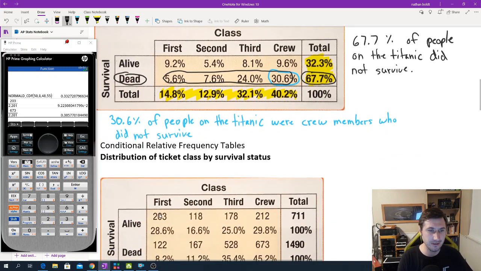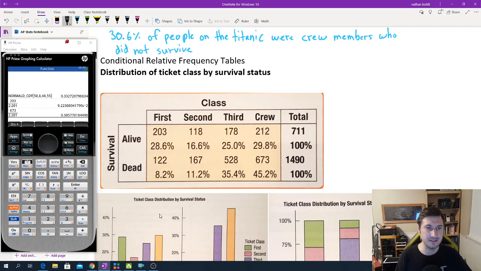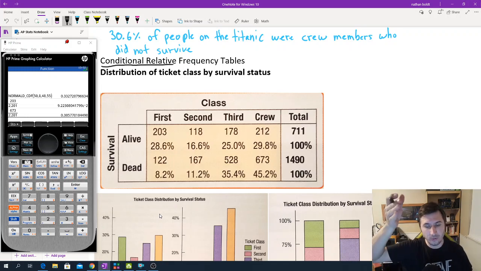Let's kick it up a notch and look at the conditional relative frequency tables. Okay, so a conditional relative frequency table, we no longer look at the total, the 2,201. You either look at the rows or the columns, depending on which one you do. And that's the hard part. Which one are you looking at, rows or columns? And so this sentence right here is really important.